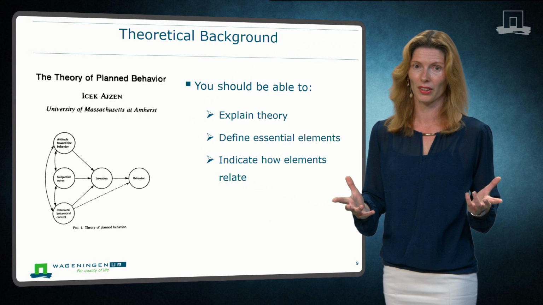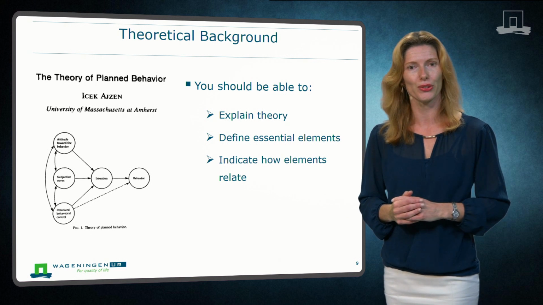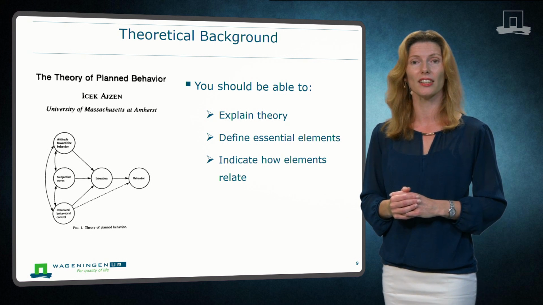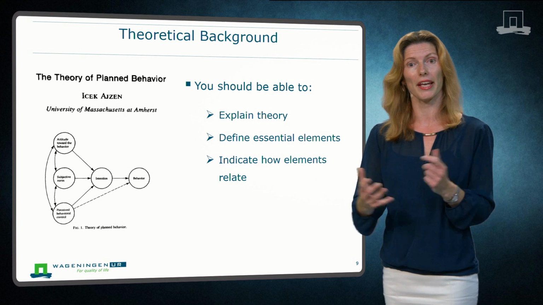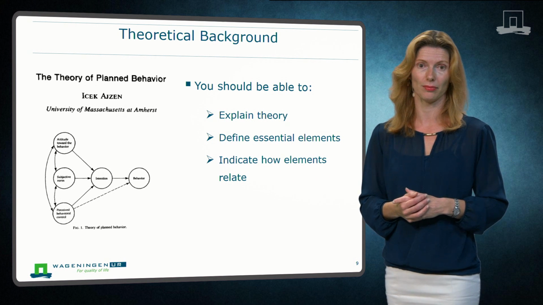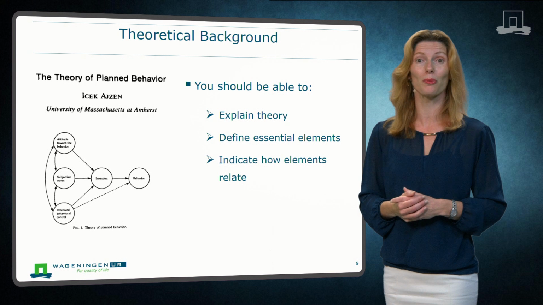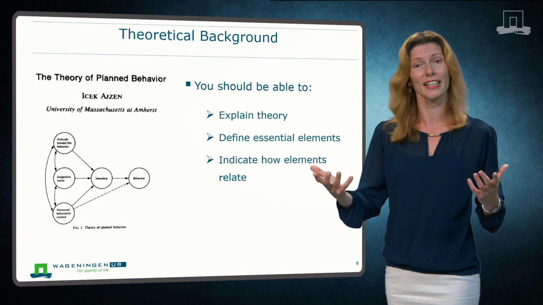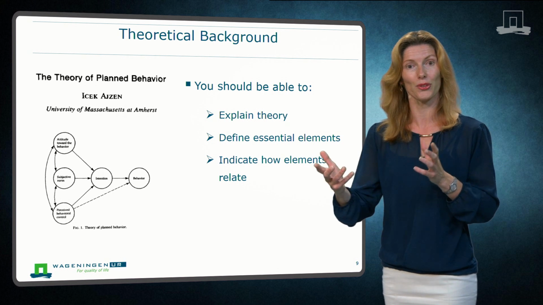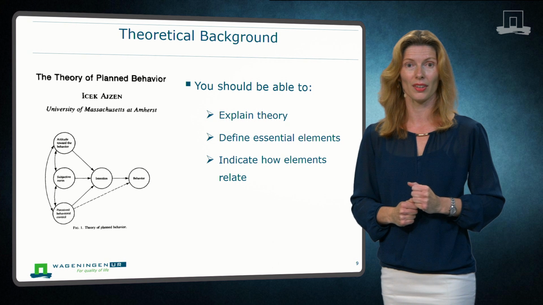For example, for a lecture on attitudes, you are supposed to read the article The Theory of Planned Behavior from Icek Ajzen. This article focuses on presenting the new theory on attitudes, namely the theory of planned behavior.